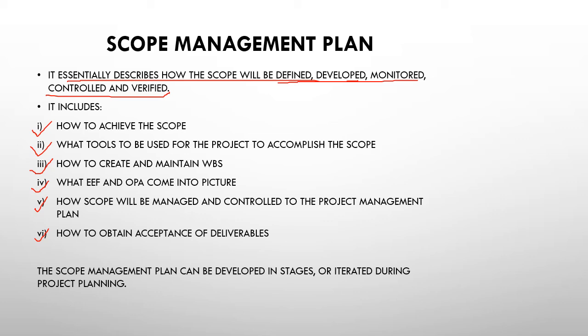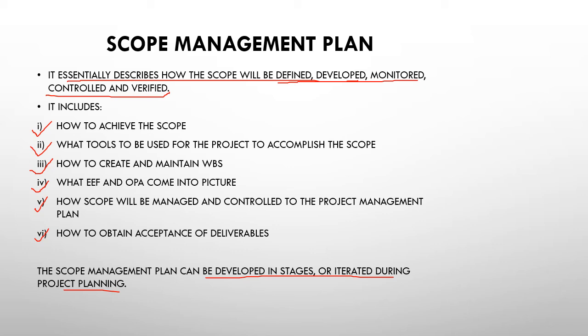The scope management plan can be developed in stages or iterated during the project planning. As a very first step of the planning, you determine your scope. Now, in parallel, when you are planning the rest of the things like cost management or time or quality or risk, the decisions of the planning of these other knowledge areas will be incorporated in the scope management plan.